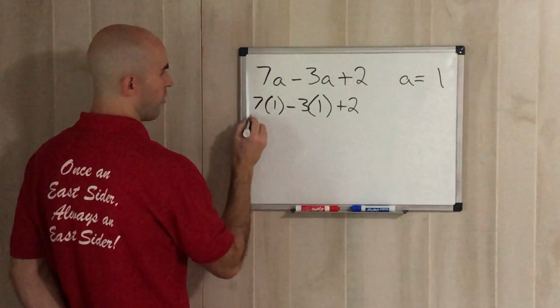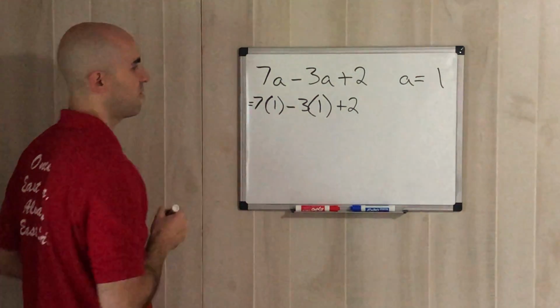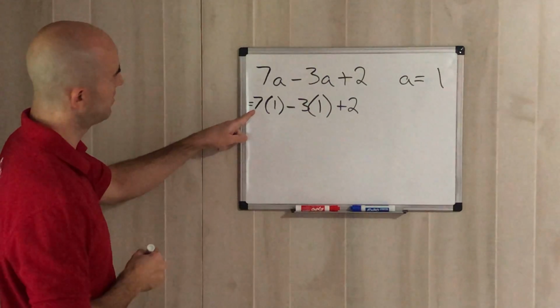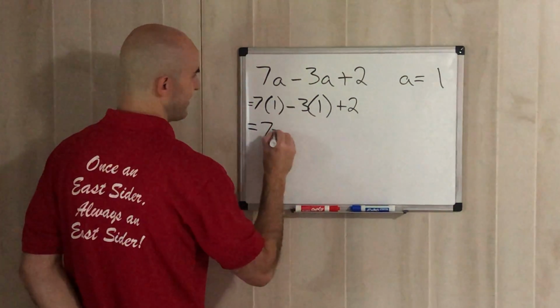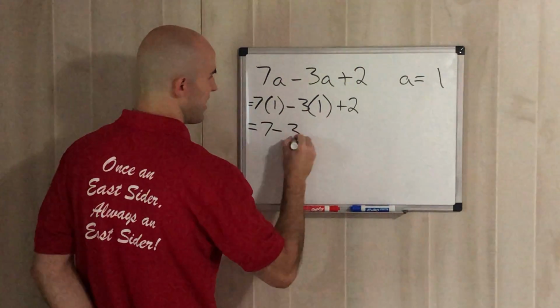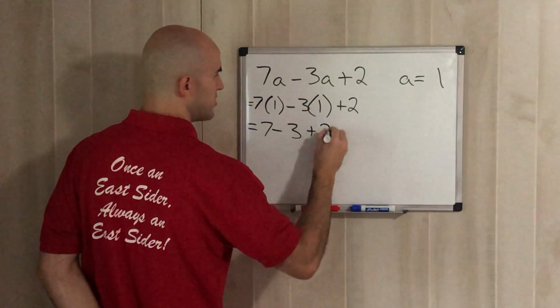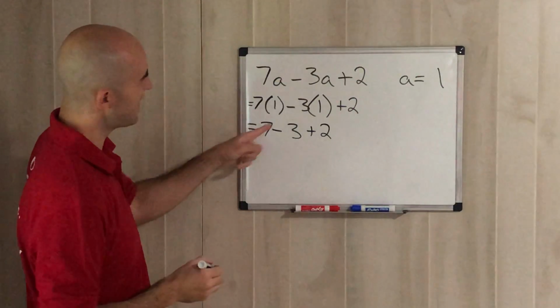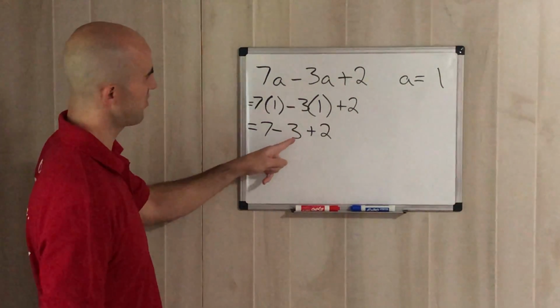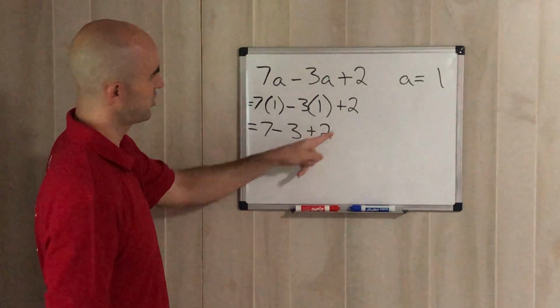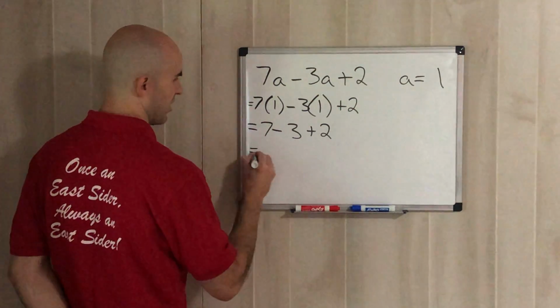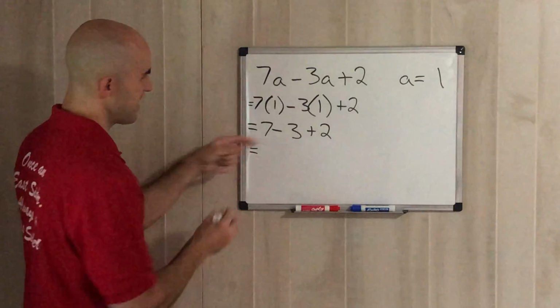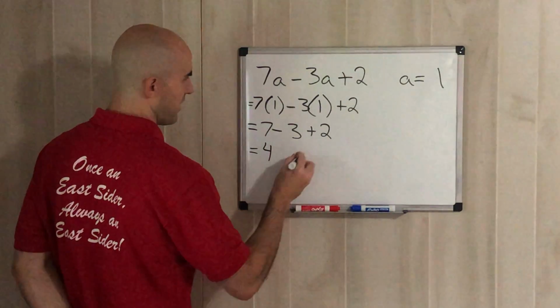And now it's just working our way through it. Again, multiplication always comes first. So what we would do, 7 times 1 is 7, minus 3 times 1 is 3, plus 2. So 7 times 1 was 7, 3 times 1 was 3, 2 was by itself, plus sign, minus sign, and now just go through the order. We know that 7 minus 3 is 4, right?